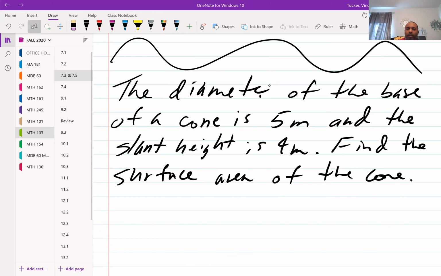All right, so we have the diameter of the base of a cone is 5 meters, and the slant height is 4 meters. Find the surface area of the cone. All right, so writing down our givens.